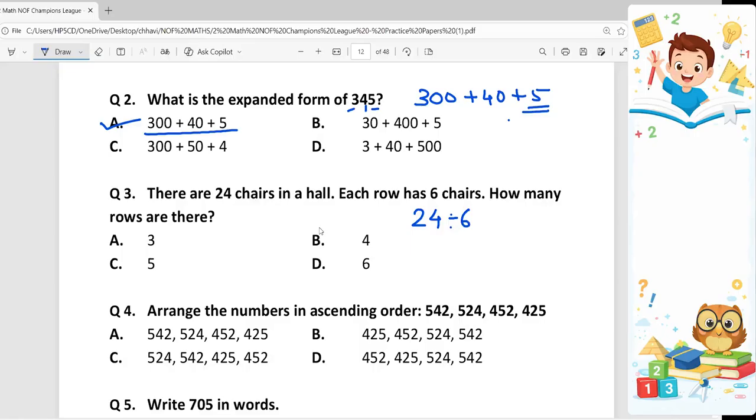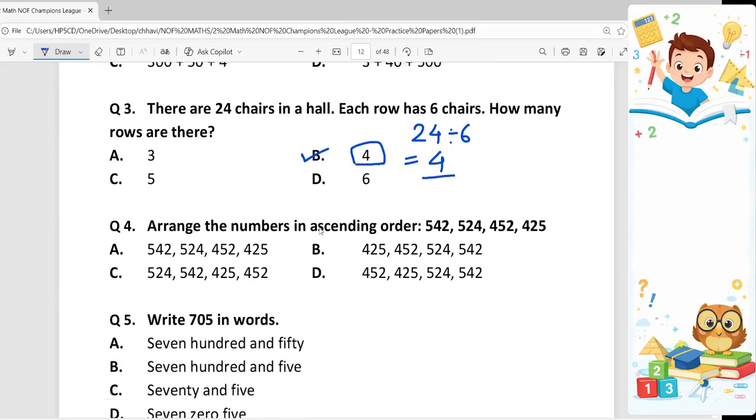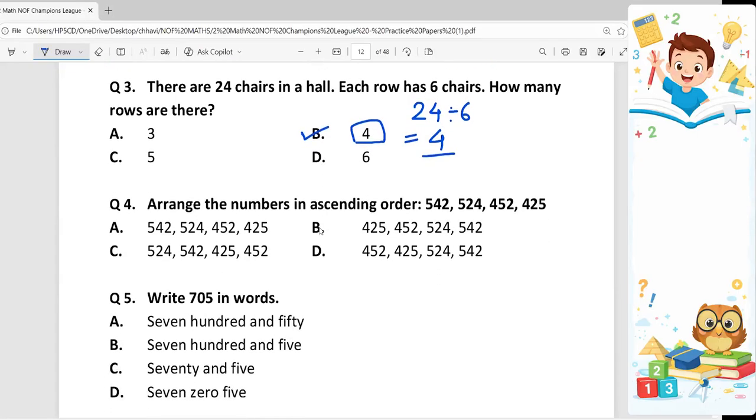What does the table say? 6 1s are 6, 6 2s are 12, 6 3s are 18, 6 4s are 24. Sorry, in each row there will be 6 chairs, but rows there will be 4. So there will be 4 rows for adjusting 24 chairs.